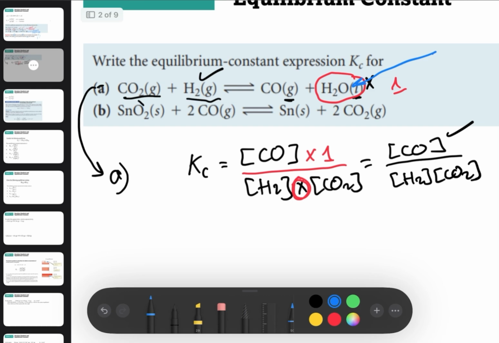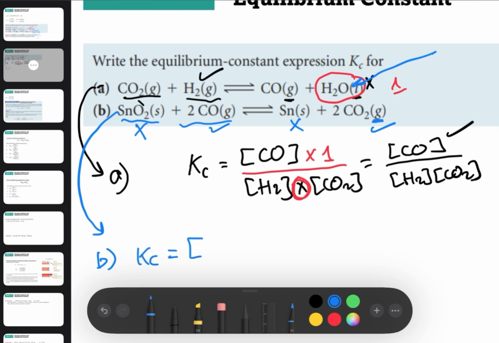Now let's go to B. First of all, check the states. Acceptable. So first of all, you have CO2, just like for Kc, equal to CO2.